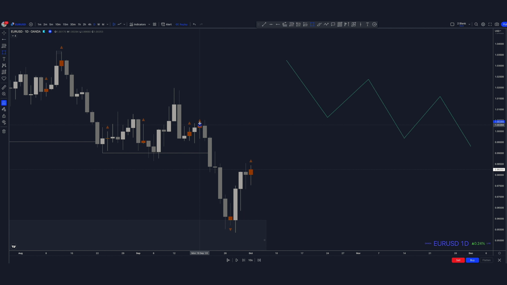So if we mark this, for example, you can see that this next candle didn't close below this candle. So then we move to the next candle. Okay, so now this candle closed below this candle.